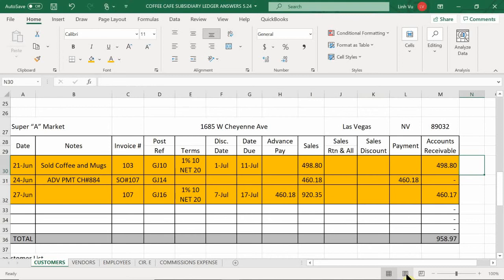What was the amount that you got for the 1% on the 468.80? Because we're figuring out the 1% for invoice 103 right now, correct? It should be $4.69. Okay, thank you.